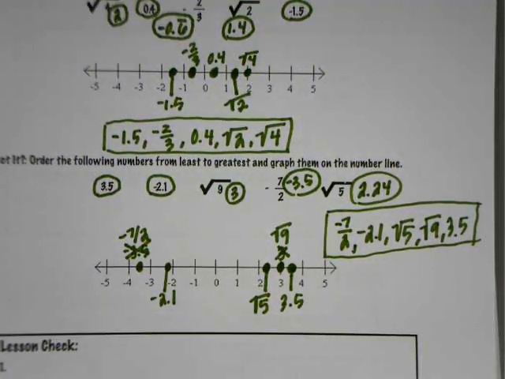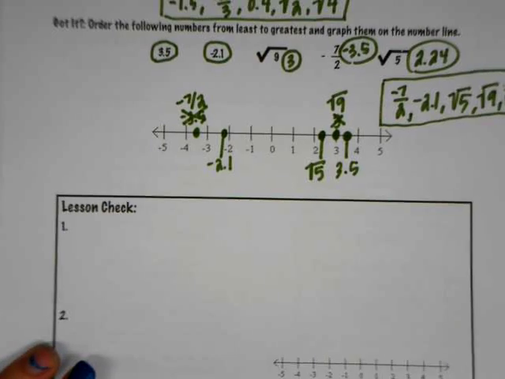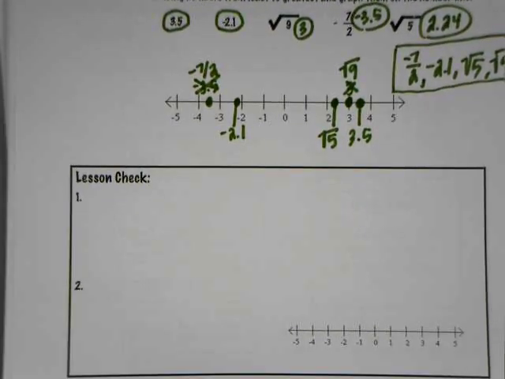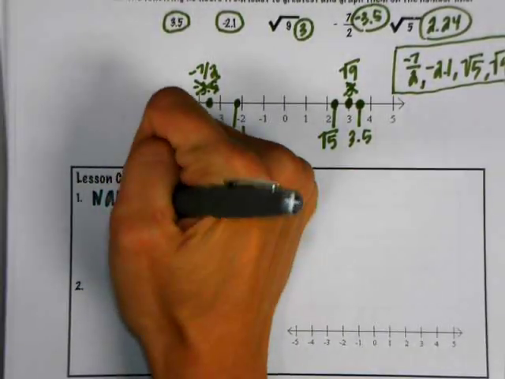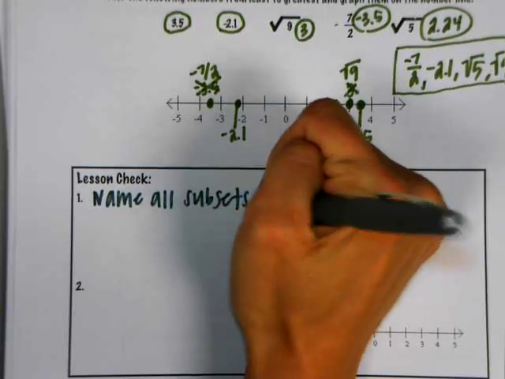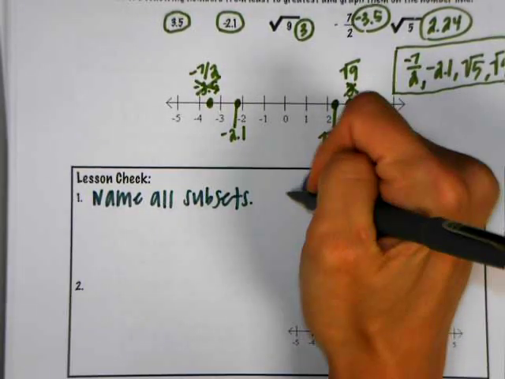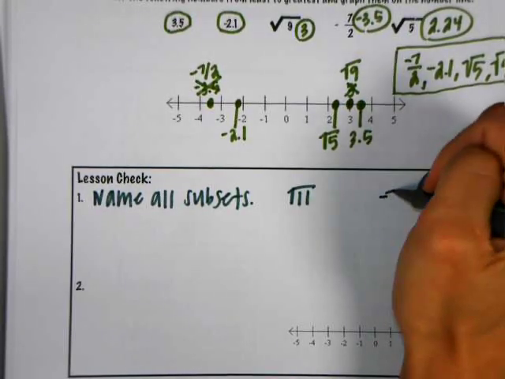Okay, so your lesson check problems. For number 1, you're going to do the subsets, okay? So name all subsets. And you're going to do it for 2 things. You're going to do it for square root of 11 and for negative 7.